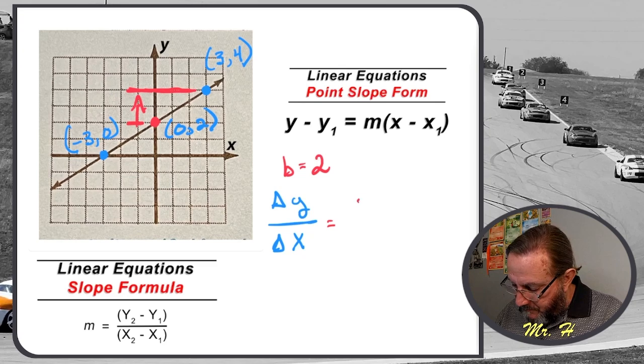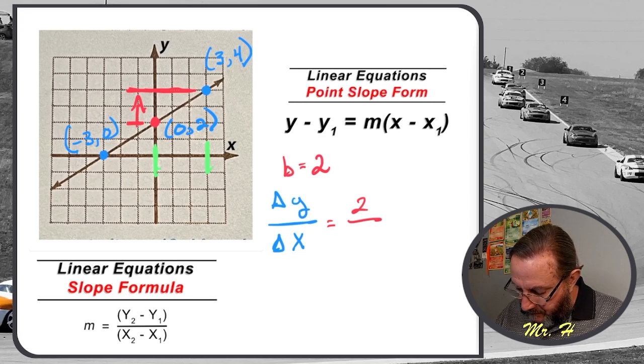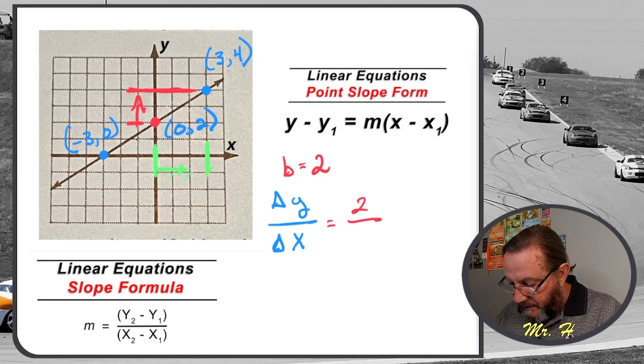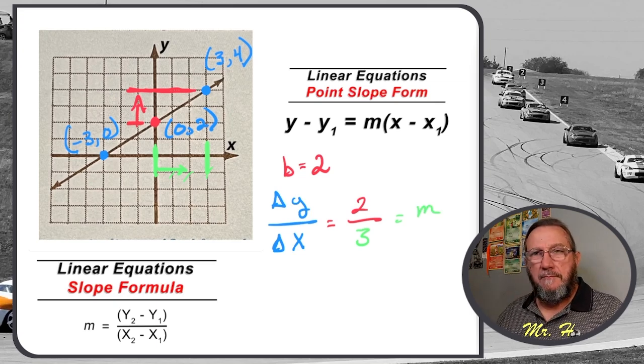So that's going to be a positive 2. Now what did our x values do? The x value of (0, 2) is right here. The x value of the other point is here. We're going right to left. How far? 1, 2, 3. I'm just counting spaces. So the slope is simply 2/3.